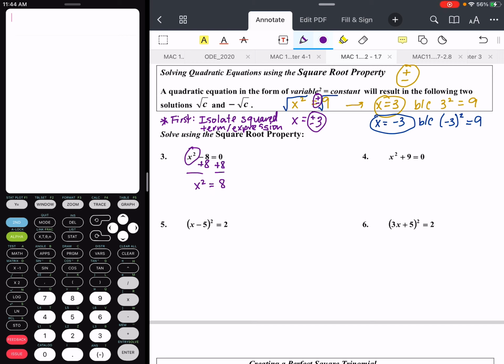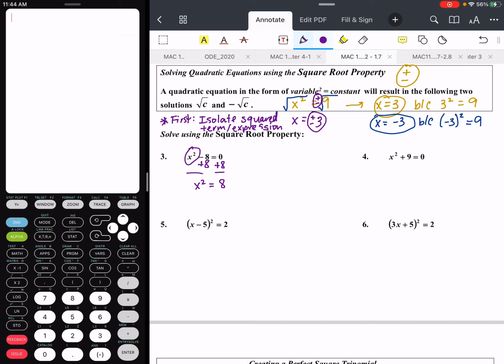All right, for number 4, x squared plus 9 equals 0. First, I want to isolate that squared term, so I'm going to subtract 9 from both sides. So x squared equals negative 9. And now I'm going to apply that square root property. Take the square root of the left side and the square root of the right side.